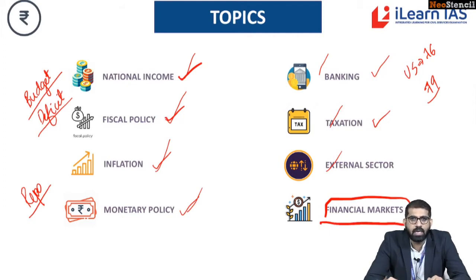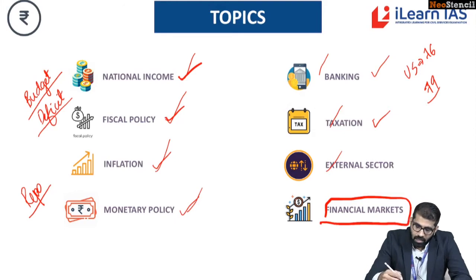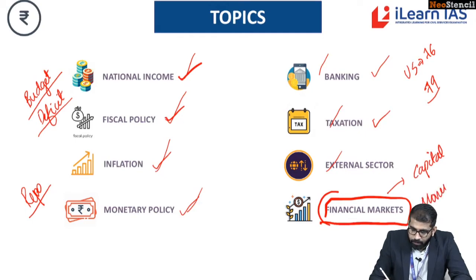So all those related items require what? Money. Now in order to get money, they get the taxes, right? But apart from taxes, they will have to raise extra money from outside, and they will be raising it by using the financial markets, which consist of capital market and money market.